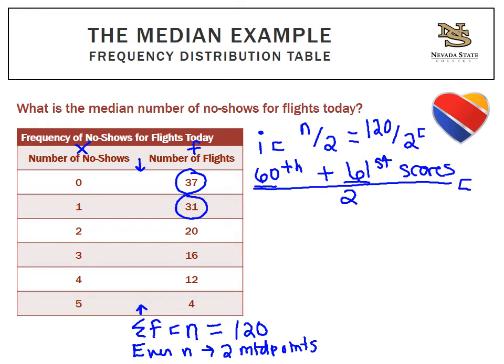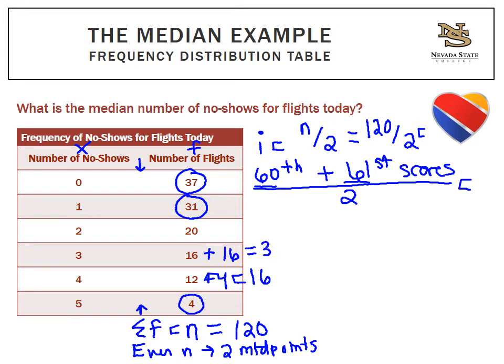So if we look at this, we know that the first 4 scores are a 5, right? Then we know that 12 plus 4 equals 16. So the 5th through the 16th score are going to be a 4. And then we take that 16 plus 16, okay?